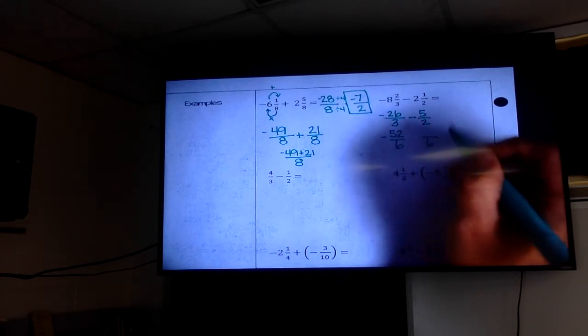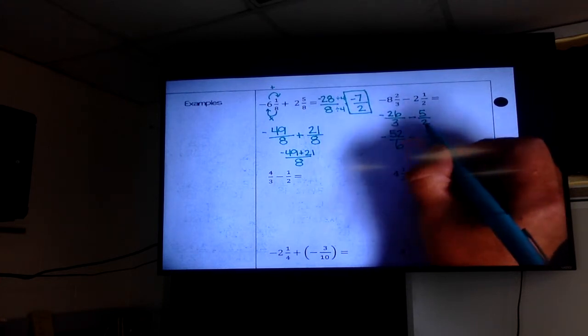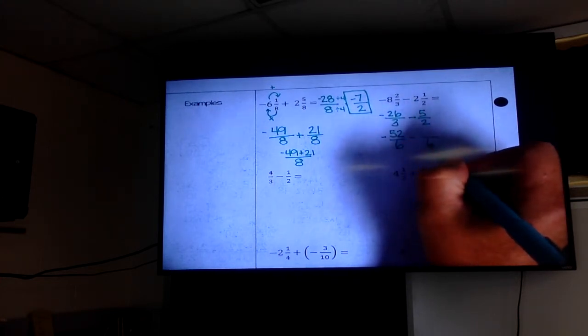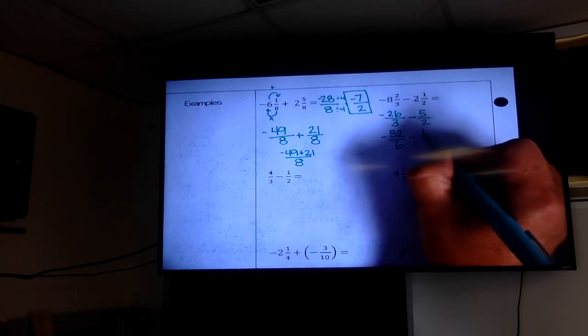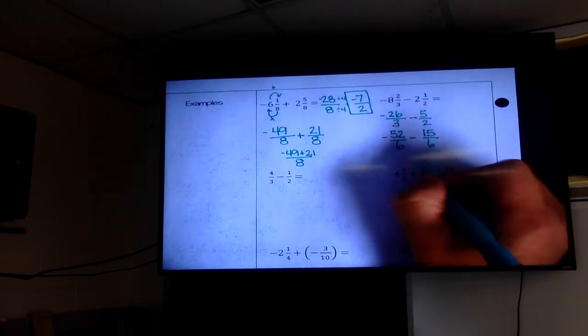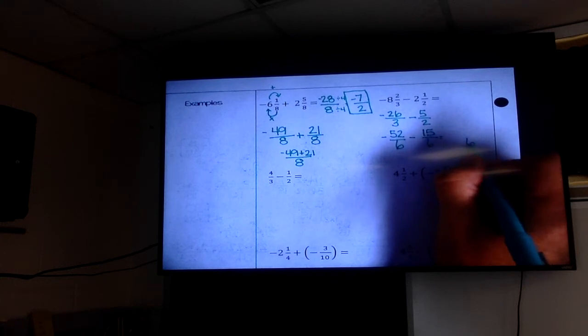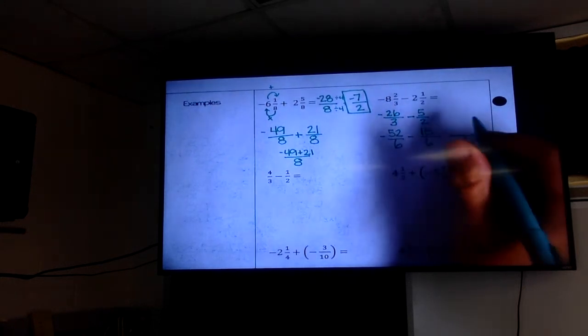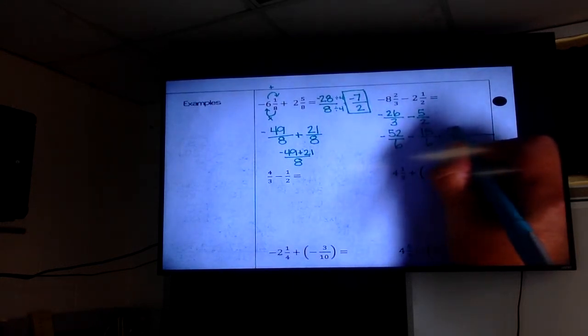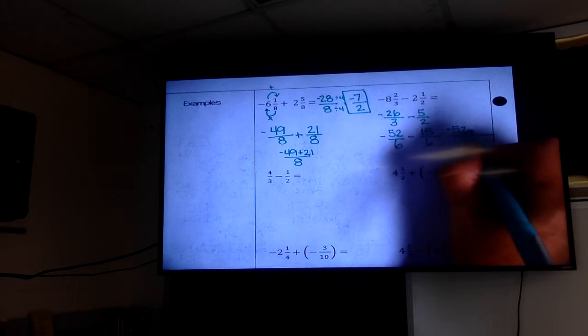So I have negative 52 minus 2 times 3 gives me 6, so 5 times 3 is 15. And then just like last time, we're going to share our denominator and bring everything to the top. So I have negative 52 minus 15.